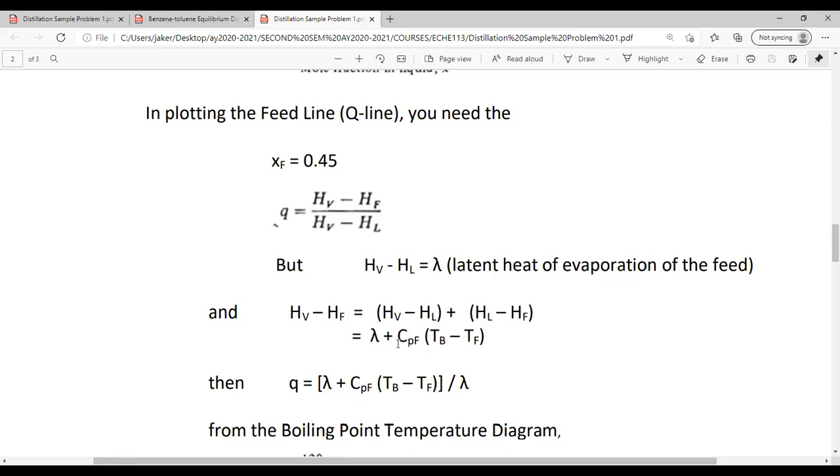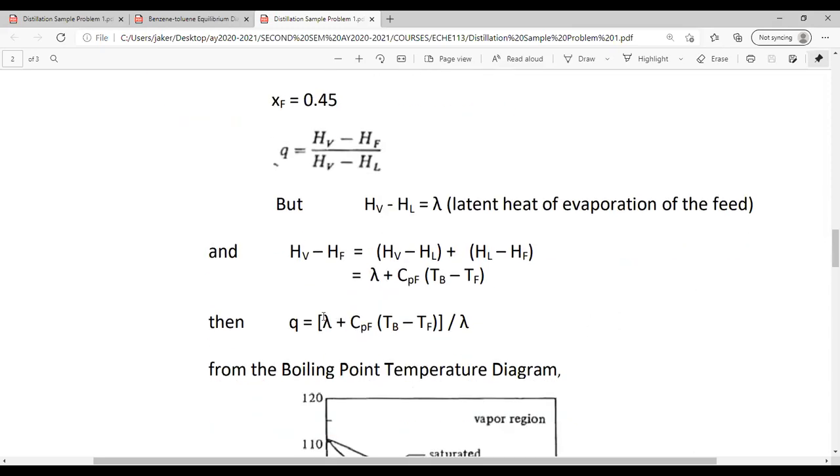This one, the Cp times the quantity T sub B minus T sub F, is already HL minus HF, the difference between the saturated enthalpy of the liquid and the feed enthalpy. So since you have this and you can process it, this will be the expression that will replace HV minus HF in the numerator.